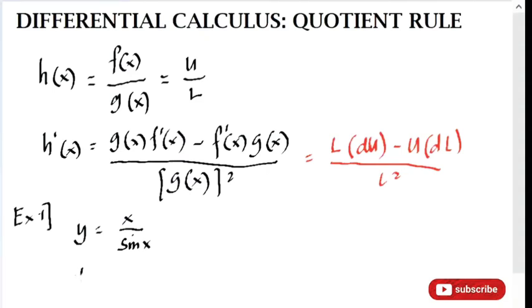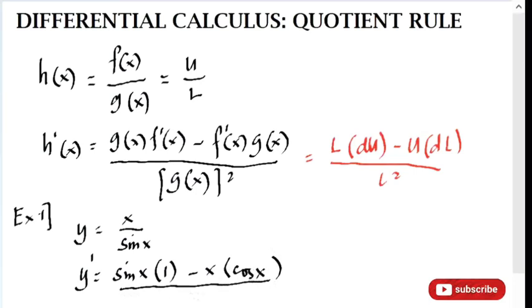So our y prime, gamitin natin yung low, nasa ilalim, sine x, times the derivative of high, yung nasa taas, which is 1, minus yung upper, which is x, times the derivative of the lower. What is the derivative of lower? So that is cosine x, all over the square of the lower, so sine squared of x.